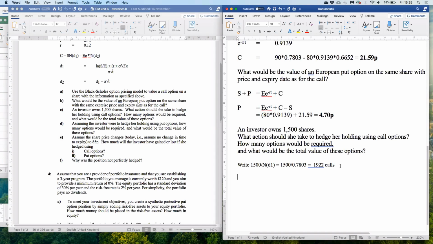The value of this option equals the number of calls times C. Sorry, the percentage of C is 1.59.